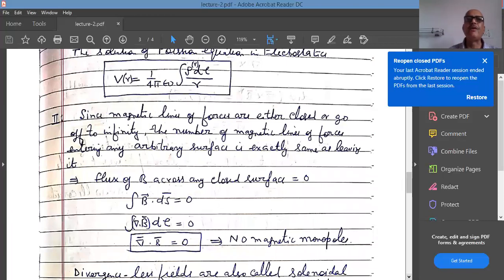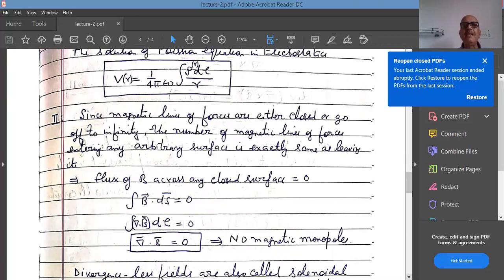You all must have drawn the magnetic lines of forces using a magnet and a compass and a pencil in class 12th curriculum, and then you must have seen how lines of forces start from the North Pole and get terminated at the South Pole. So if you look at the behavior of these lines of forces, you will find that they are either closed or go off to infinity.